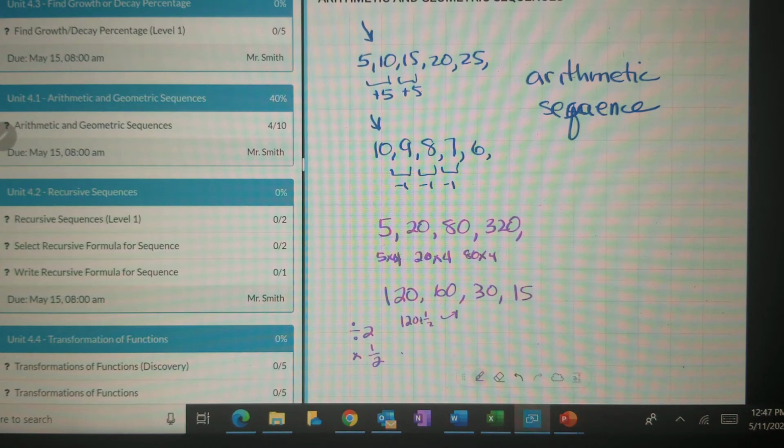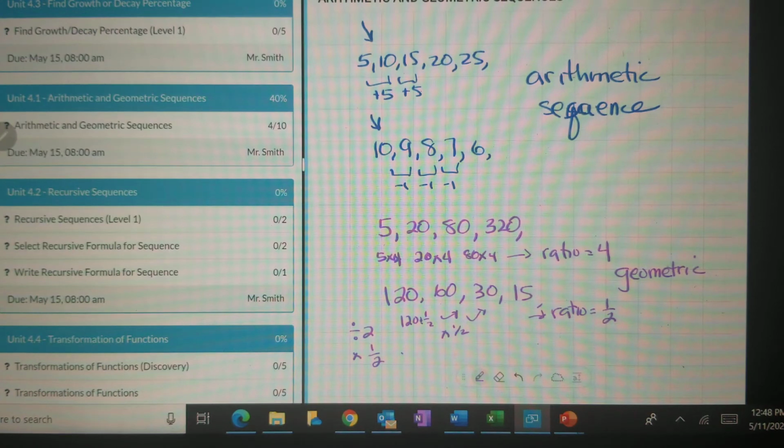So each time we're multiplying by 1/2. All right, so when we're multiplying by a ratio, in this case the ratio was 4, and in this case the ratio was 1/2, which is why things got smaller. So when we're using a ratio, that's a geometric sequence.